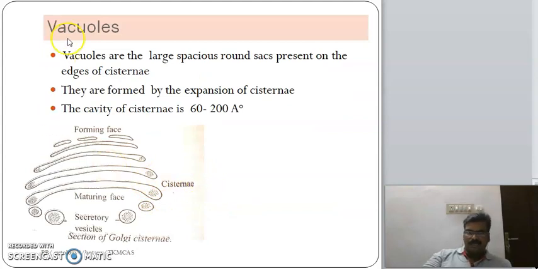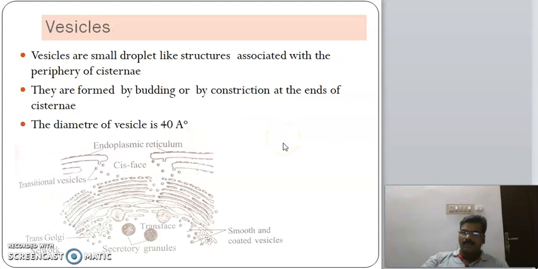And that is cisternae. The second one is called vacuoles. Vacuoles are large, spacious, round sacs present on the edge of the cisternae. As the cisternae become old, these edges become larger and they will be pinched off. They are formed by the expansion of cisternae and will be released. The cavity of cisternae is 60 to 200 angstrom. Coming to the third component, vesicles.